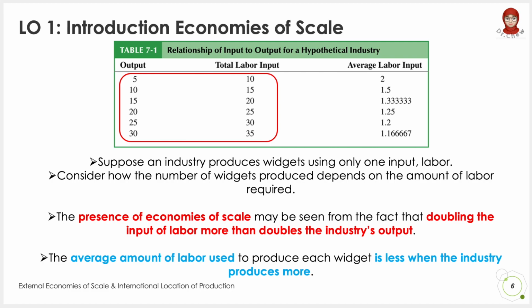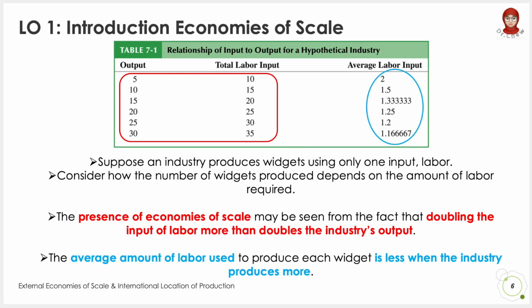To produce 10 widgets, for example, requires 15 hours of labor, while to produce 25 widgets requires 30 hours. The presence of economies of scale may be seen from the fact that doubling the input of labor from 15 to 30 more than doubles the industry output. In fact, output increased by a factor of 2.5.